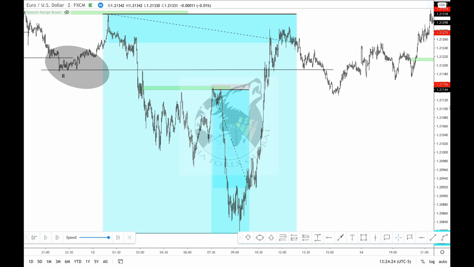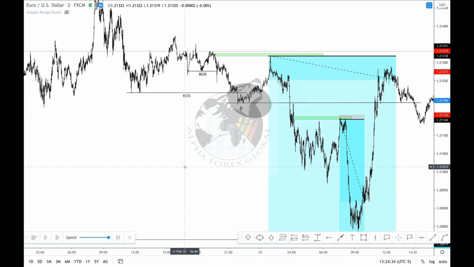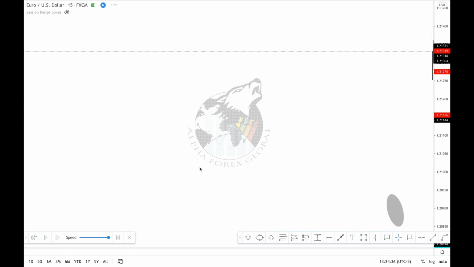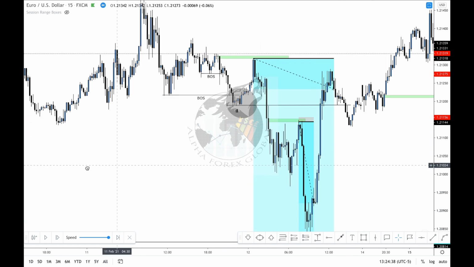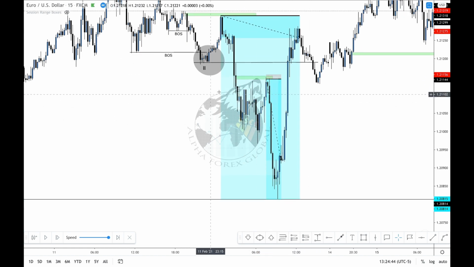And the next thing is when to put your stop loss in profit. We looked at when to put your stop loss at break even.